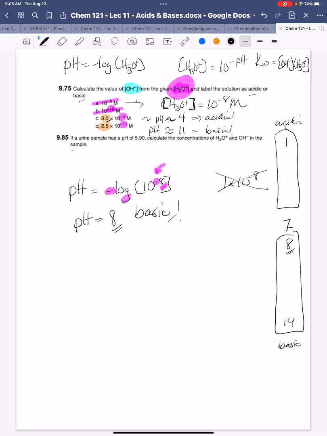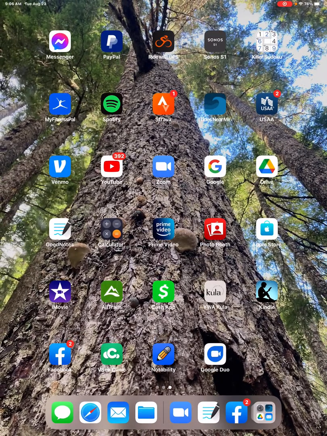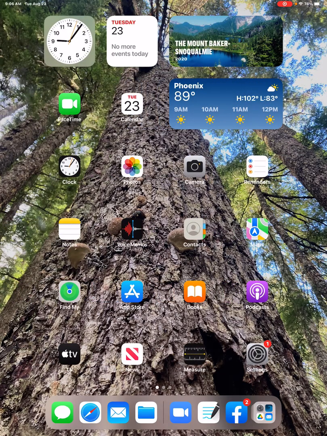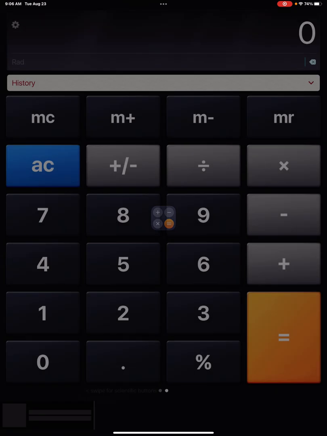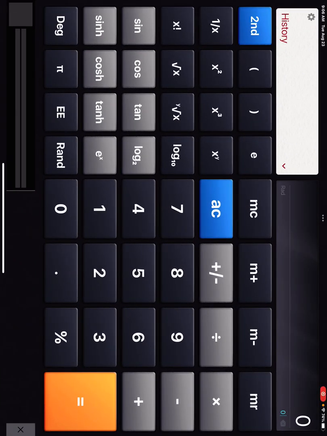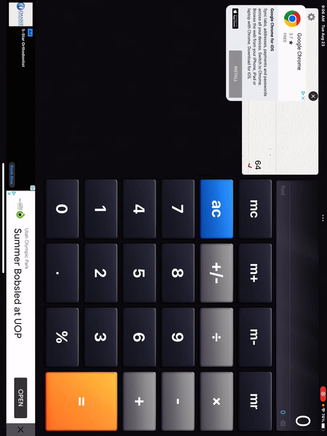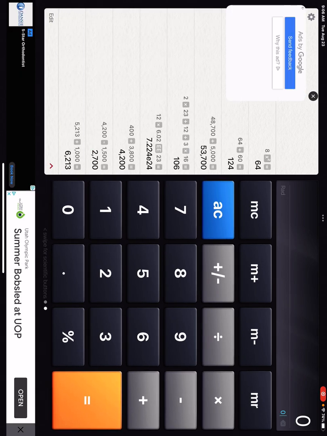Okay, so if we want the pH, we're going to calculate negative log of 3 times 10 to the negative 4th. I want my calculator, and I'm going to try to do this for you so you could see it. Where is my calculator? Right there. And then if I can get the log. I'm not sure how to do this, and I want to make sure this is right for you. So hold on a second.